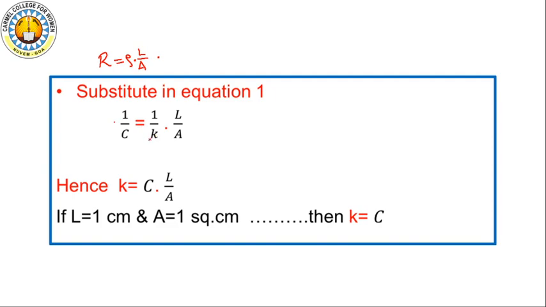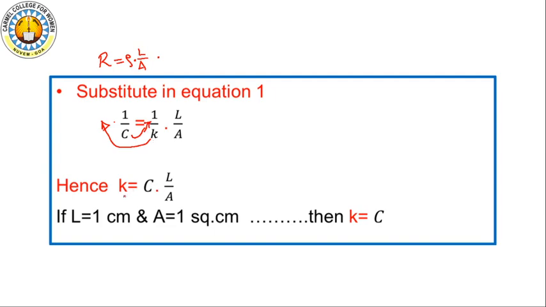So from the denominator, it will go in the numerator. If I take it on the other side, the C which is there in the denominator here will go in the numerator.